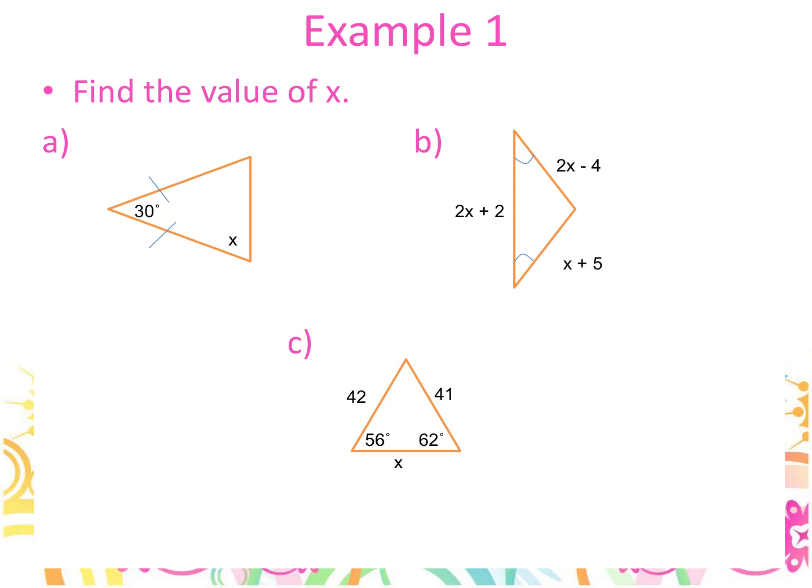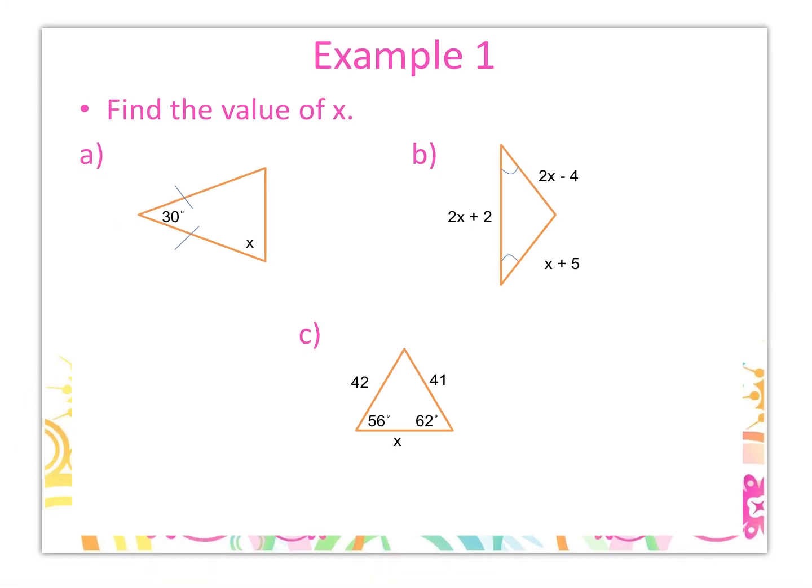So let's apply it and see how this makes sense, or if it doesn't make sense. First of all, when I see this triangle here in A, I see that this leg, let me do it with the other color, this leg here is equal to this leg here. So just to refresh my vocabulary, I know that those in green are the legs.